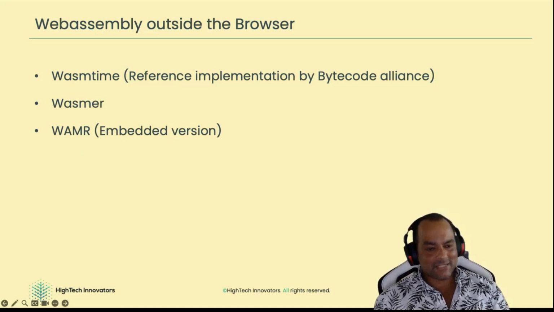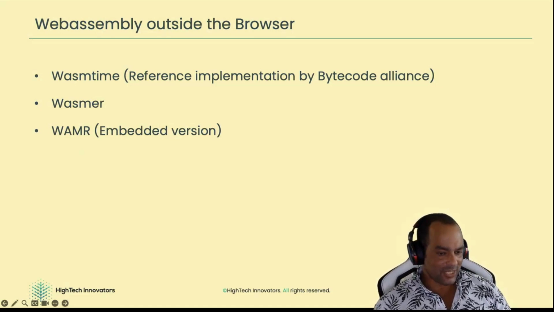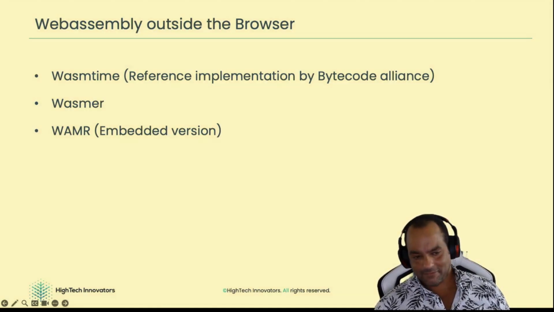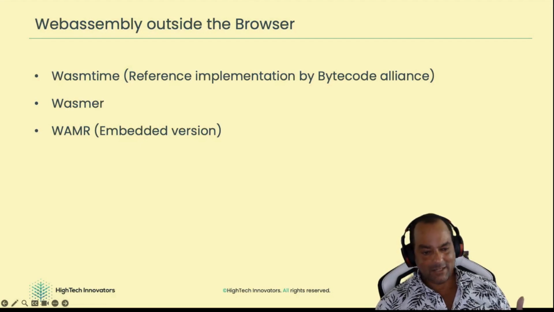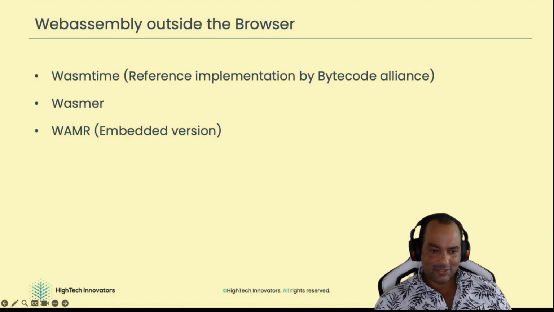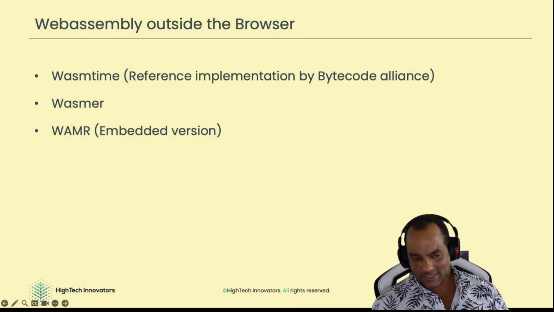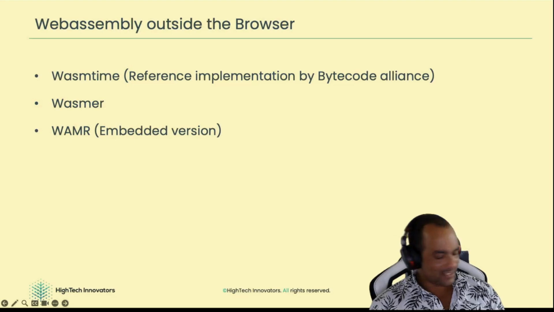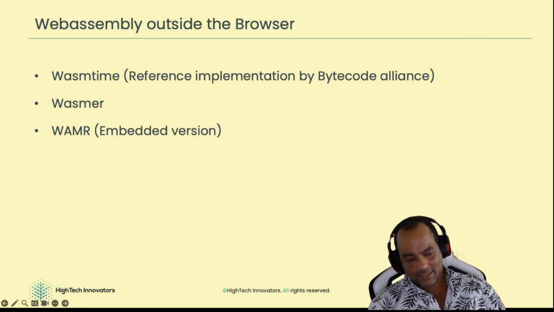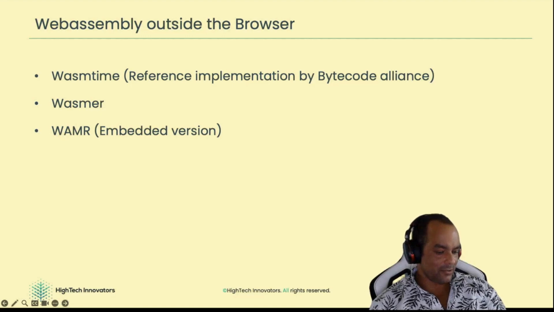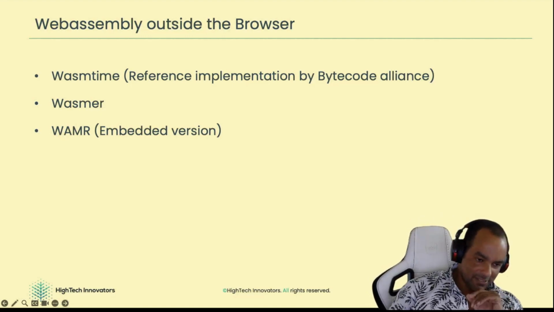The best known implementation of a runtime is wasmTime, a sort of reference implementation, so that tends to have all the features. Wasmer, I don't know that well. It's an alternative implementation. And finally, there's Whammer. That's a very minimal implementation meant for embedded components, so running on microcontrollers like ESP32s.